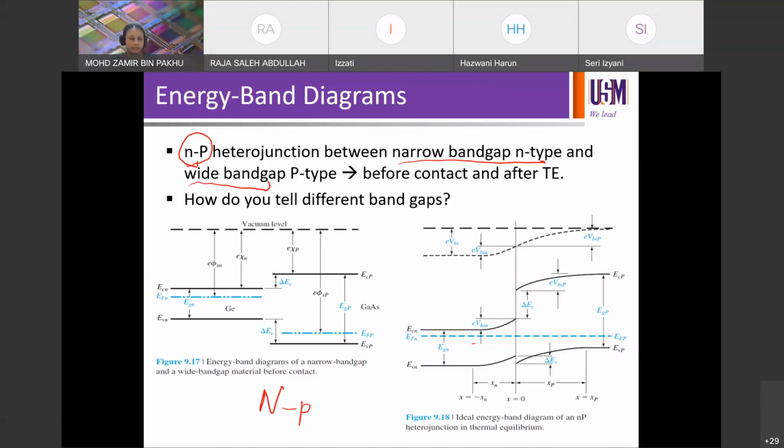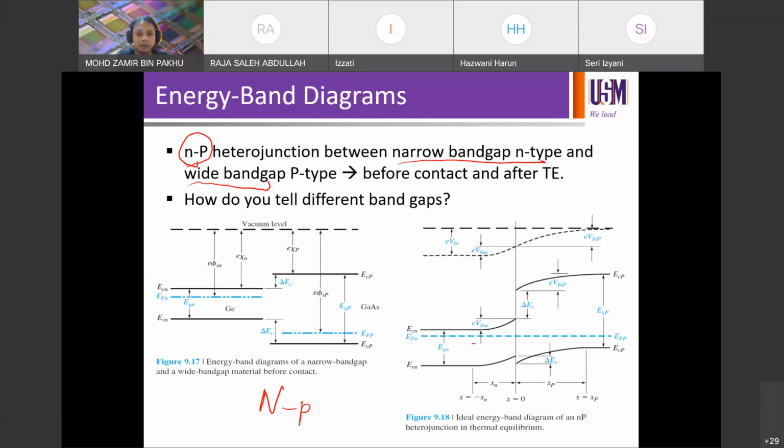So let's look at the band diagram before and after the combination. First draw the vacuum level and then draw the EC and EV for material number 1 on the left, and then EC and EV for material number 2. Draw the Fermi level accordingly, and then look at the Fermi level for the N-type. It's close to the conduction band of the germanium.